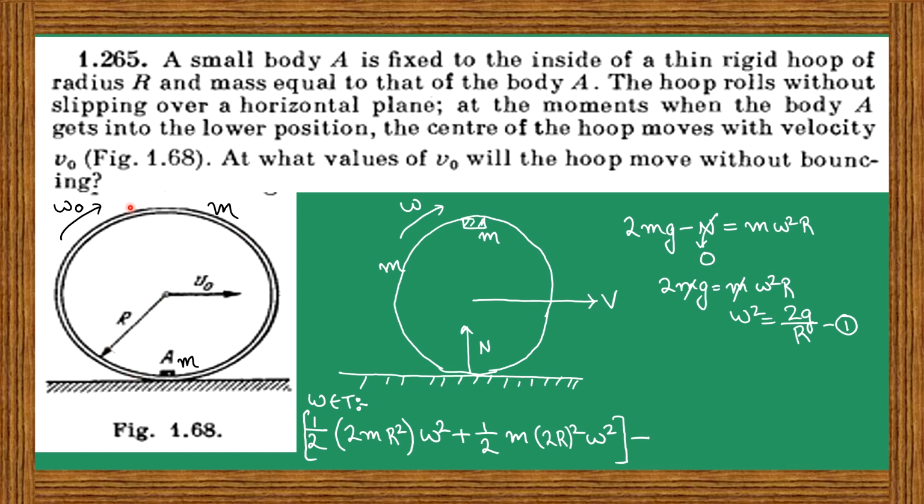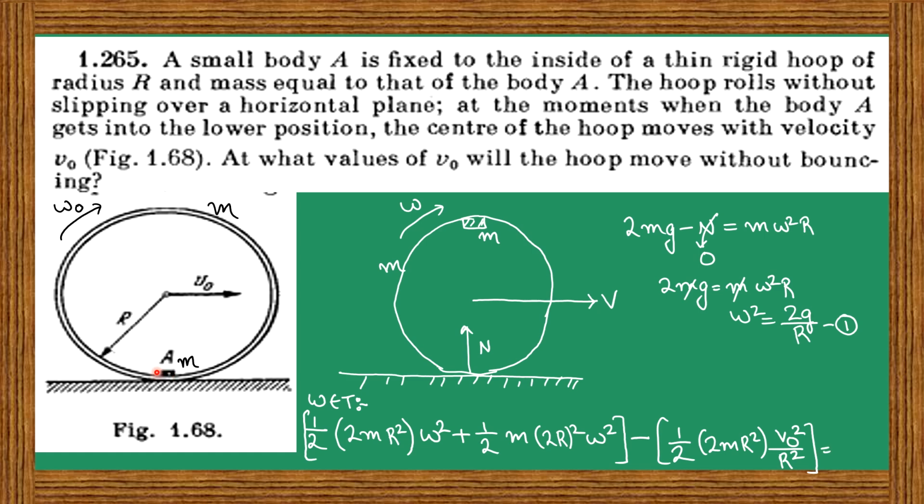Half I omega square, half moment of inertia of the ring about this point is nothing but 2m r square into omega naught square. Omega naught square is nothing but v naught square by r square, because v naught is equal to omega naught into r, equals work done by gravity force.